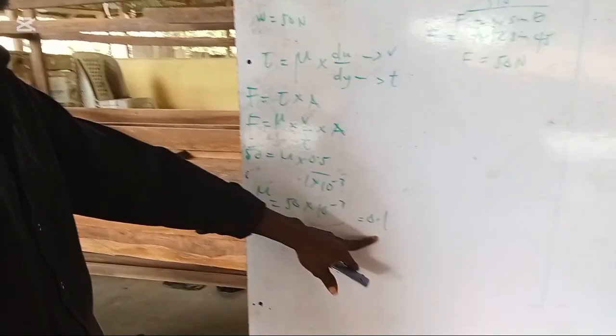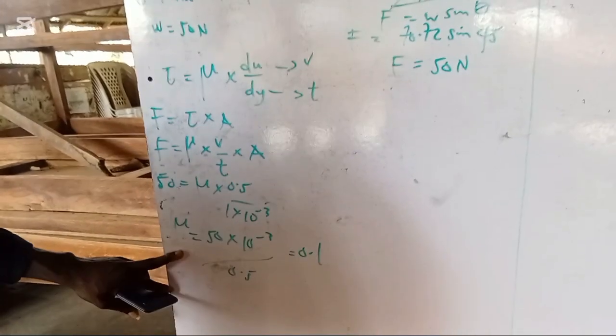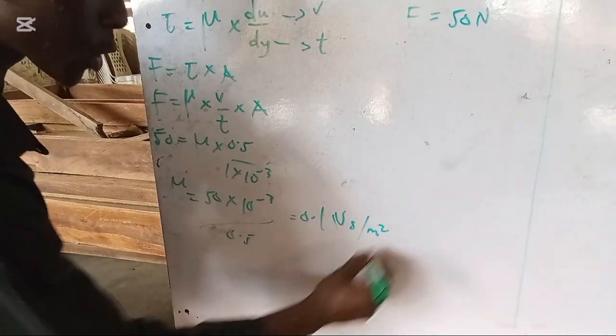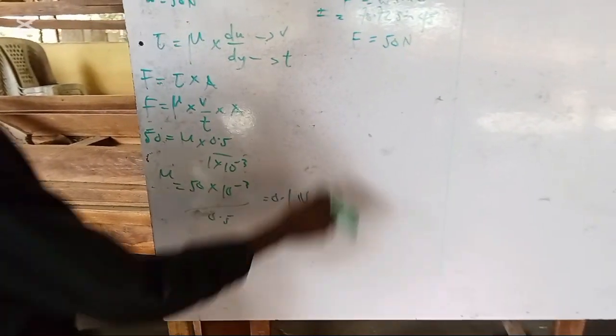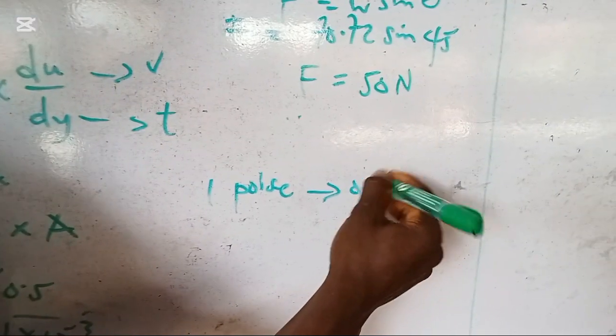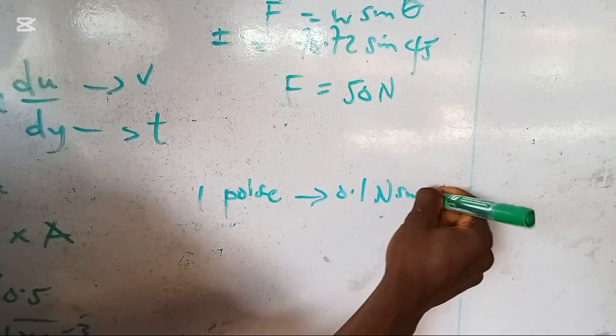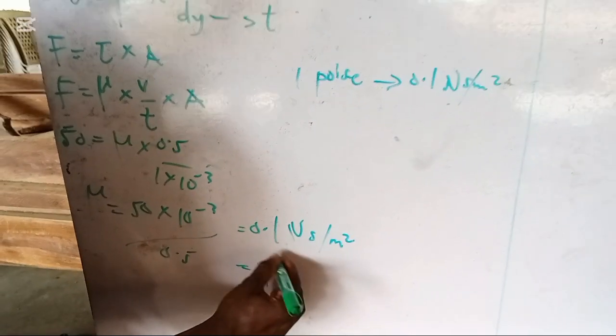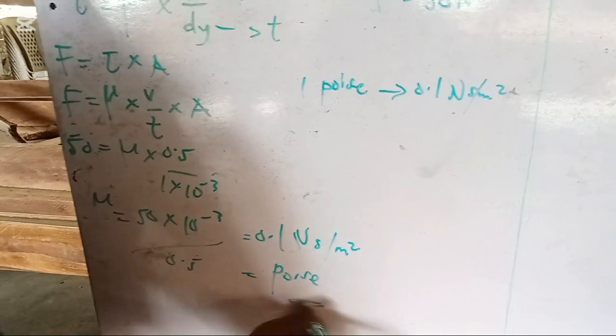You have gotten the 0.1, and remember the unit for dynamic viscosity is Newton seconds per meter square. You can also convert it to poise, because 1 poise is equal to 0.1 Newton second per meter square. So this is the answer. You have gotten the viscosity.